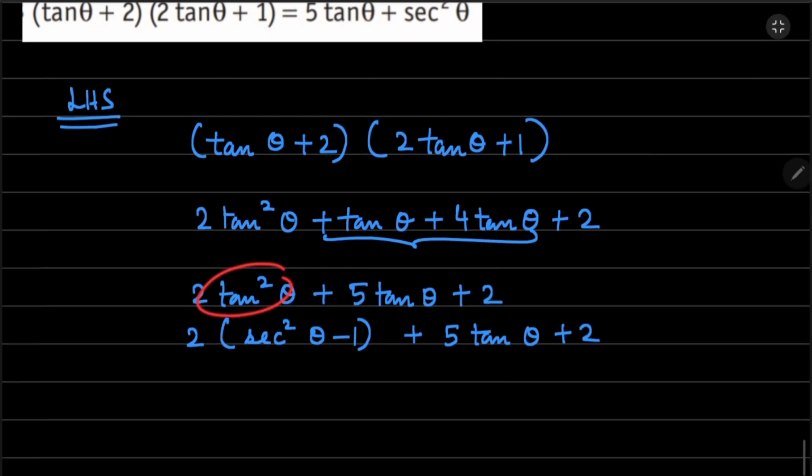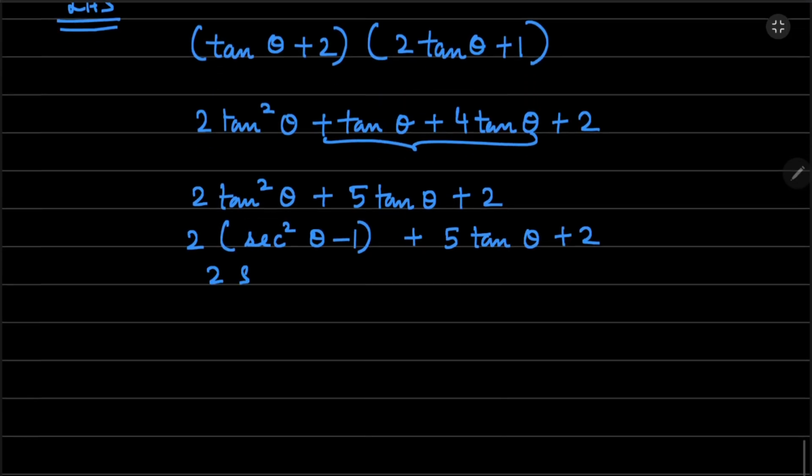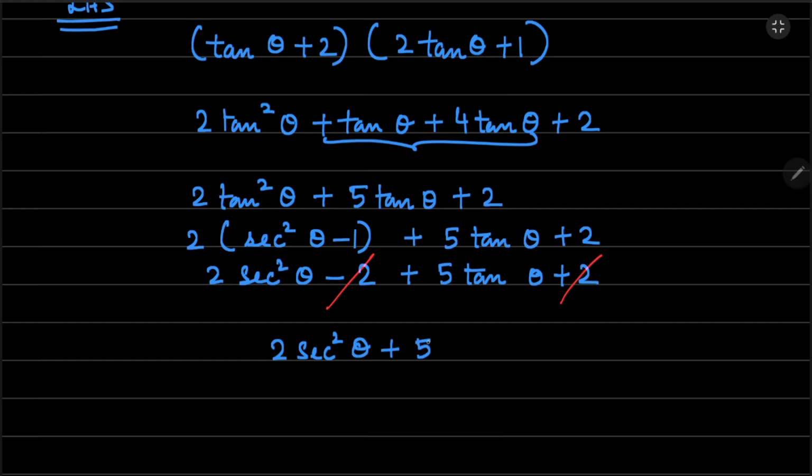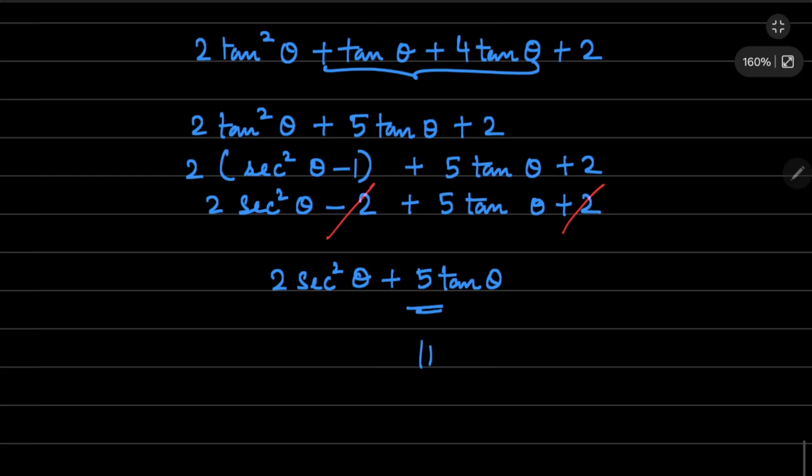So we have converted tan squared to secant square. Now open the bracket. So you will get 2 secant square theta minus 2 plus 5 tan theta plus 2. So this minus 2 plus 2 gets cancelled, and what remains is just 2 secant square theta plus 5 tan theta. Hence proved.